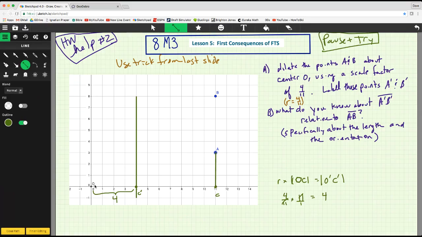Now the other thing is, if we dilate a point A to a point A prime, it must be on the same line as OA. So let's do that now.